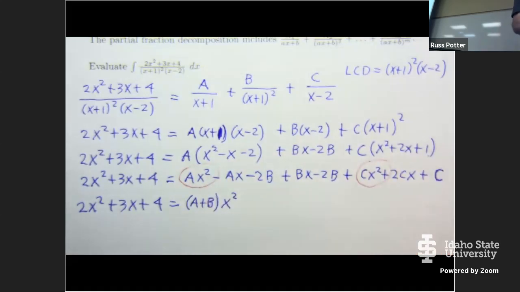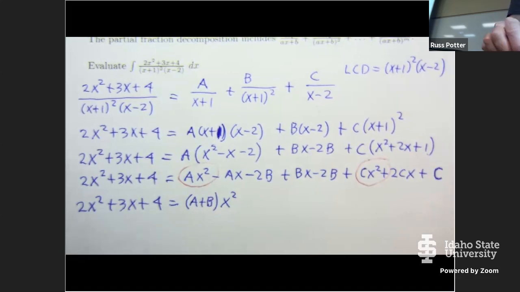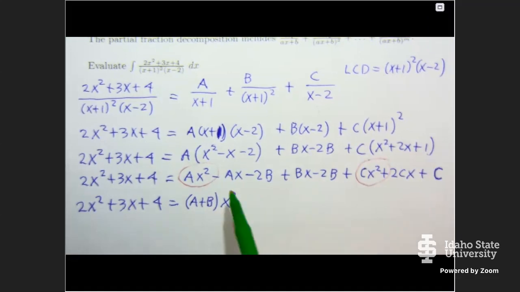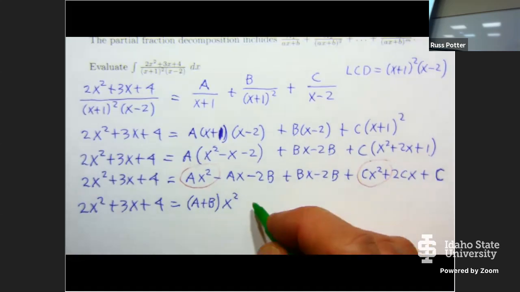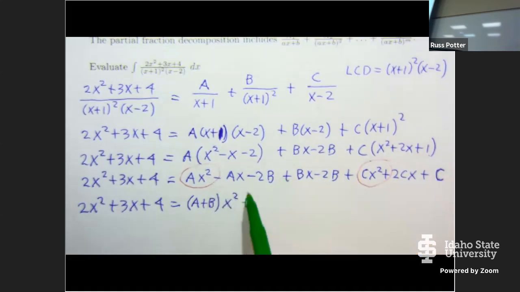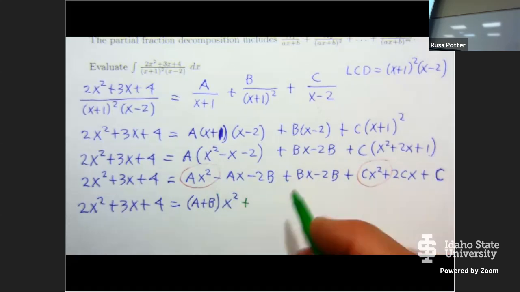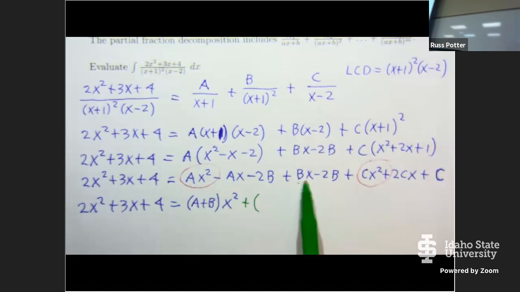Now we'll identify the terms that have just x. We have minus ax plus bx plus 2cx. Just to avoid confusion, instead of writing minus a first, I'm going to put plus, and then in parentheses, I'm going to write down at least one of the positive coefficients.